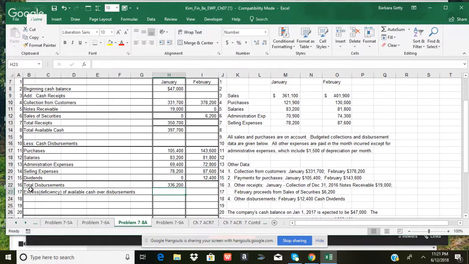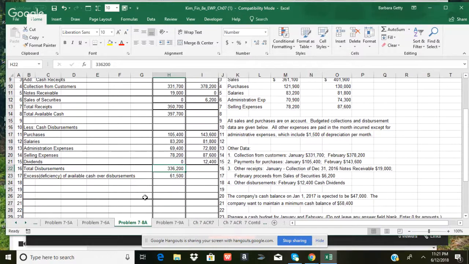That comes to, when we subtract the $336,200 of our total disbursements from our total available cash of $397,700, it comes to $61,500. I'm going to put another little line here.